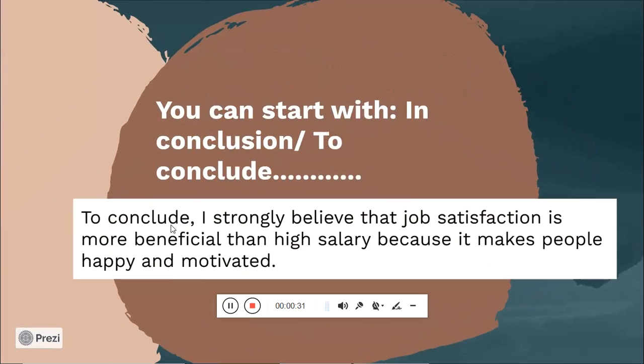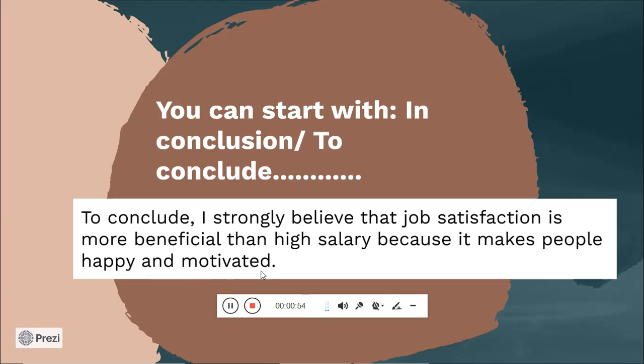So you say, to conclude, I strongly believe that job satisfaction is more beneficial than high salary because it makes people happy. The word happy is mentioned in the second paragraph, or the first reason. So it summarizes the first reason.